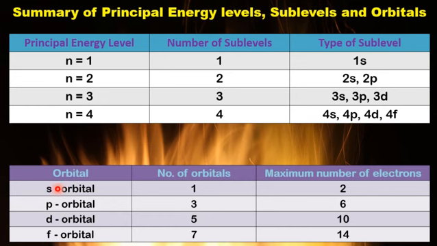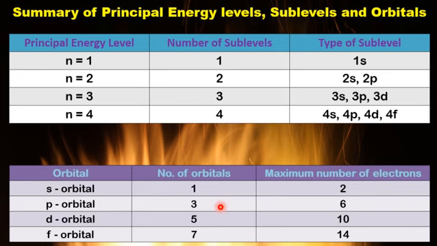In the s, there is only one orbital, which means that the maximum number of electrons that can occupy the s is 2, because per orbital there could be 2 electrons. Not 1 but 2. So it cannot have 3, 4, 5, only 2 per orbital. In the p, we have 3 orbitals.